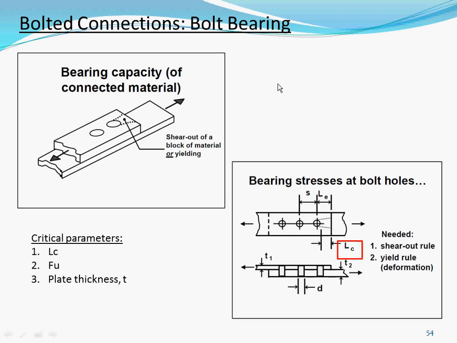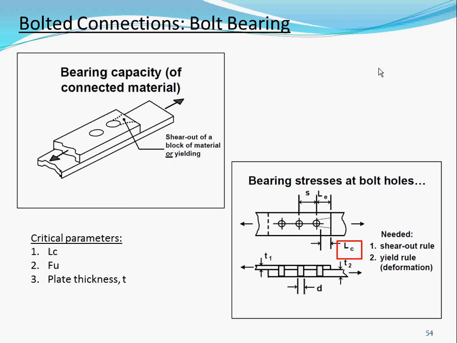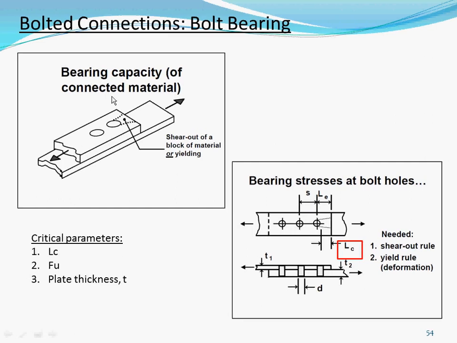A lot of times when you're dealing with bolt connections, bolt bearing, so after all we talked about with just the capacity of the bolt, now let's look at the capacity of the material itself when you're bearing into it. The first mode is bearing on the plate.